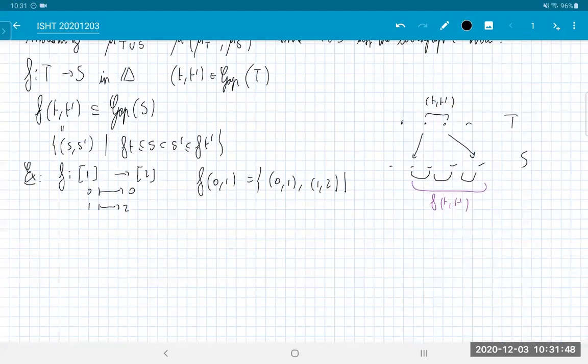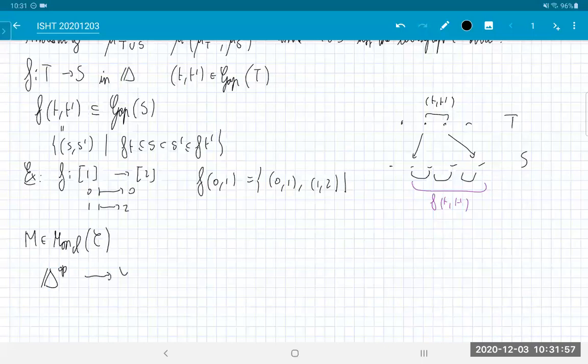Now if I have a classical monoid, I can construct a functor from delta up to C as follows.